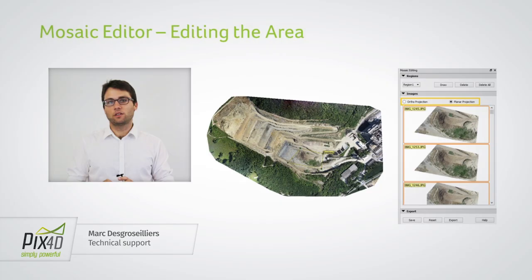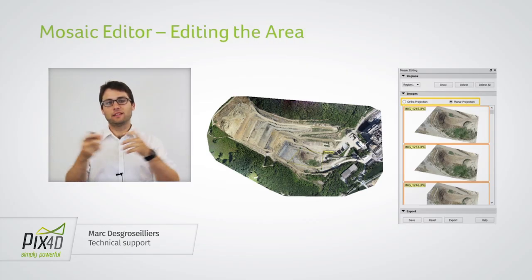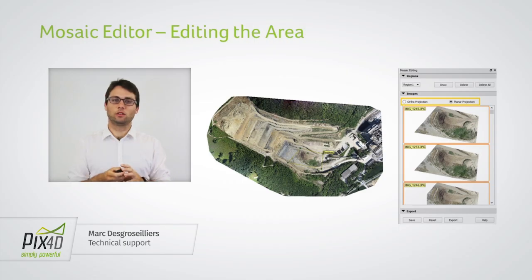So when you create a region, there's going to be a choice where you can choose between the ortho projection and the planar projection. So let's quickly go over what is the difference between these two types of projection. As I said, when the orthomosaic is generated, it's going to take the information from the images and blend this information together, and so decide for every pixel what is the color that it should have.